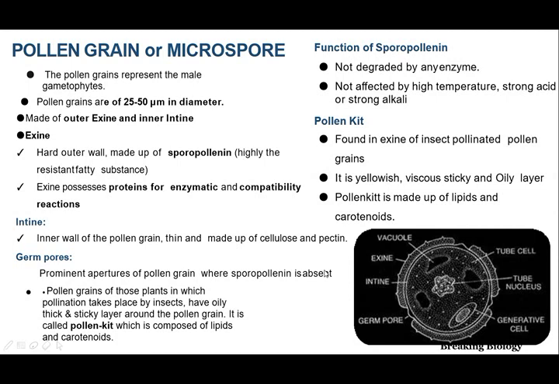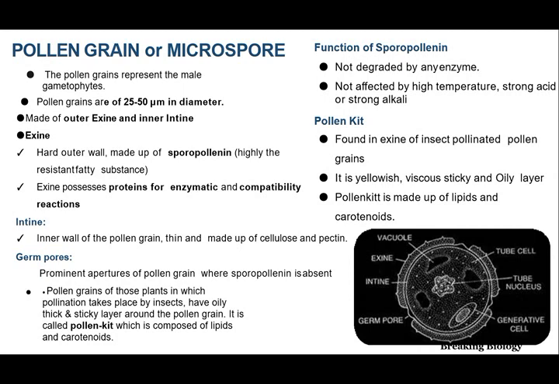Now coming to the structure of the pollen grain or the microspore. Pollen grain represents the male gametophyte. It is usually 25 to 30 micrometer in diameter, and the pollen grain is covered by two wall layers. The outer wall is called the exine and the inner wall is called the intine.